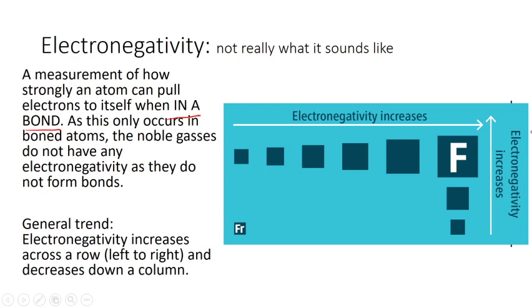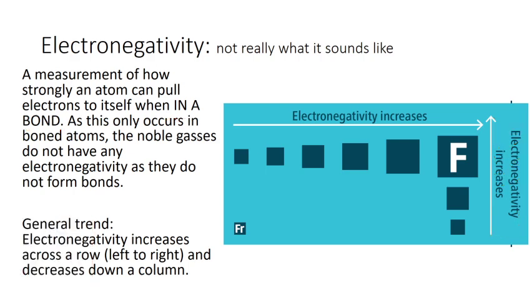The noble gases, this last column over here, we've got neon, argon, krypton, xenon, right? All those great elements over there, they don't make bonds, so they have no electronegativity, right?